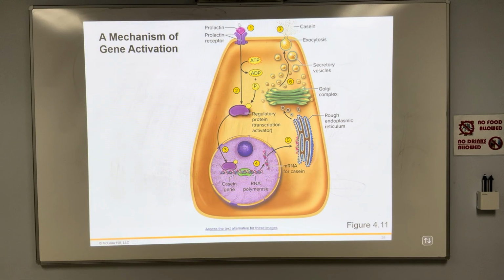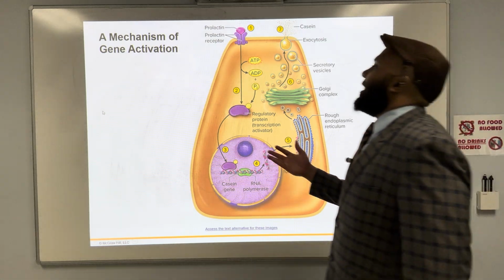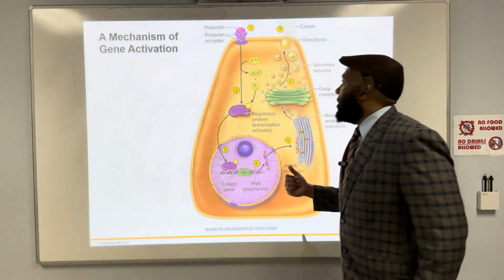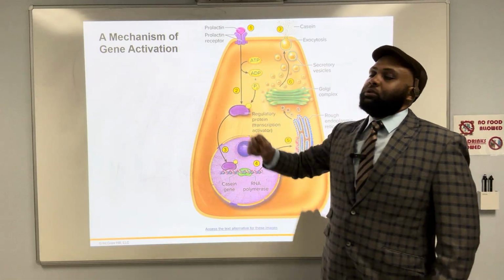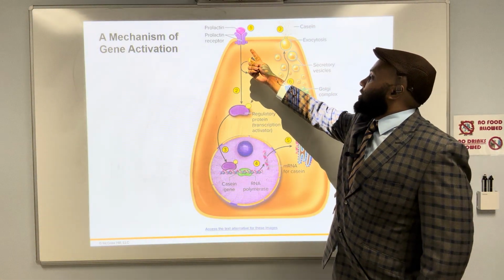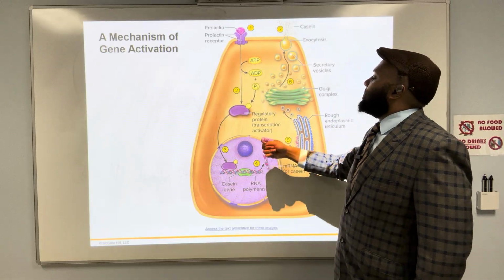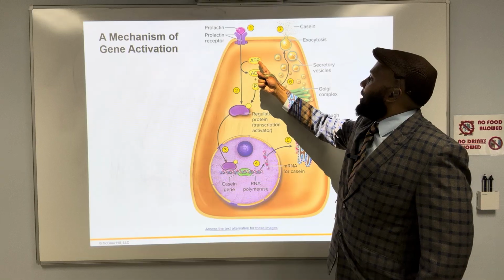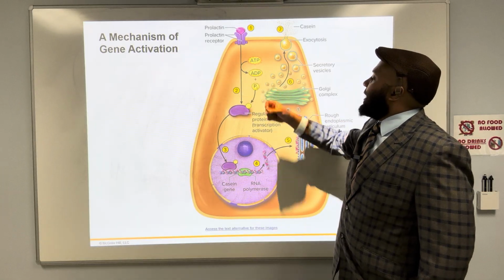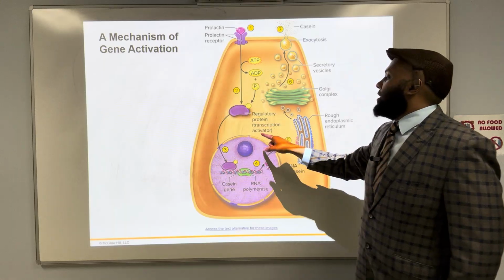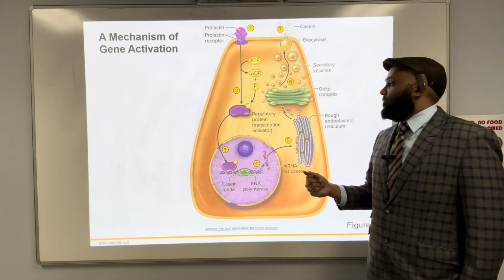And we can activate, so for example, if we examine here, we have this mechanism of gene activation where prolactin hormone, a polypeptide hormone, is going to bind to the prolactin receptor. Then the prolactin receptor is going to dephosphorylate ATP and bind one phosphate group to a regulatory protein, a transcription factor.